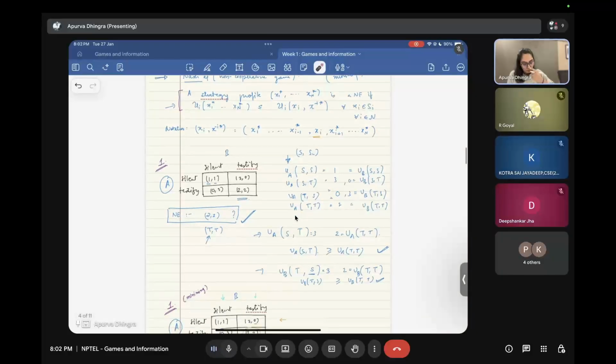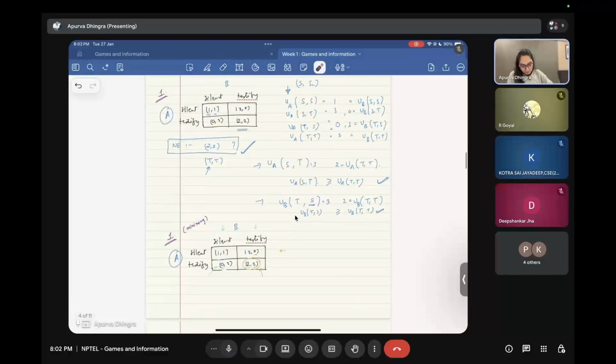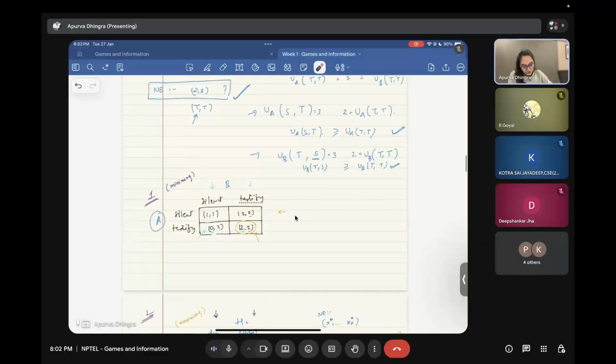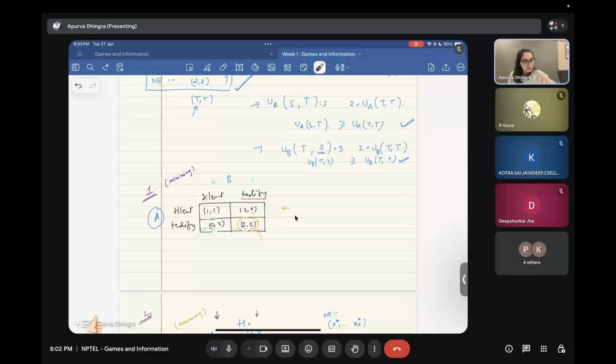Okay, and we saw how this is to be computed in some simple scenarios. We can either use the definition directly, or we can point out the things which are performing better for each agent in the matrix and find out the Nash equilibria.